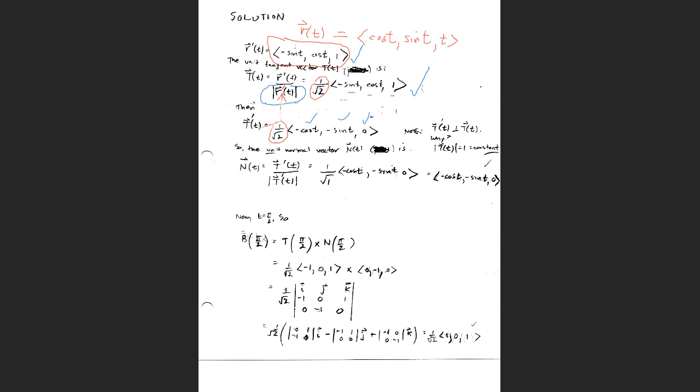A little note, by the way, the derivative of unit tangent vector T is perpendicular to the unit tangent vector T because the length of that unit tangent vector T equals 1.